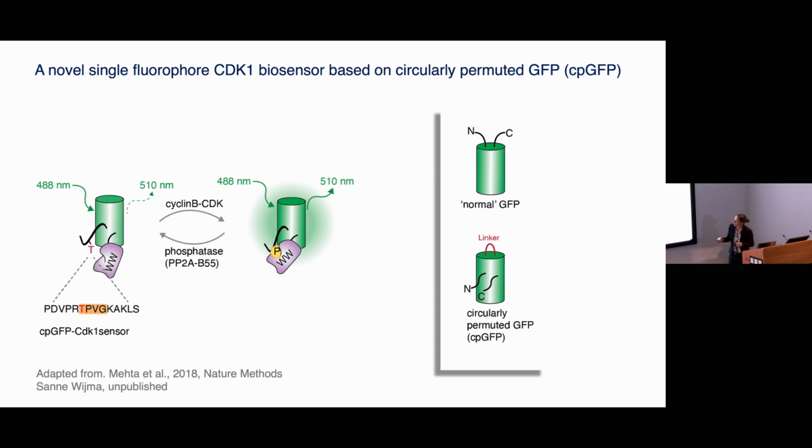And so we designed, based on the general design of the FRET sensors, a biosensor which looked like this. Again, we have our phosphorylatable peptide, and then we have a phosphopeptide binding domain, which in our case is the WW domain of Pin1. The idea is that upon phosphorylation of this peptide, the WW domain associates, and we get increased fluorescence, but we only have to measure a single wavelength to do so.